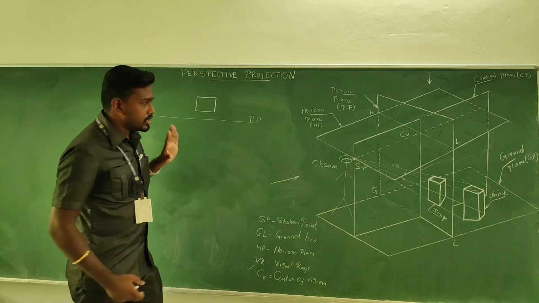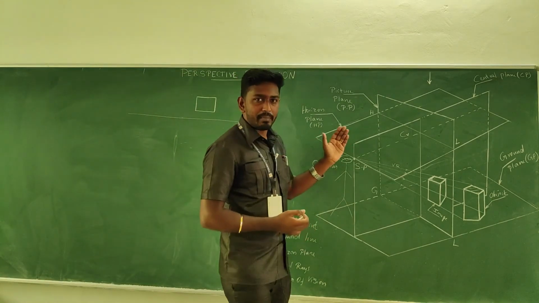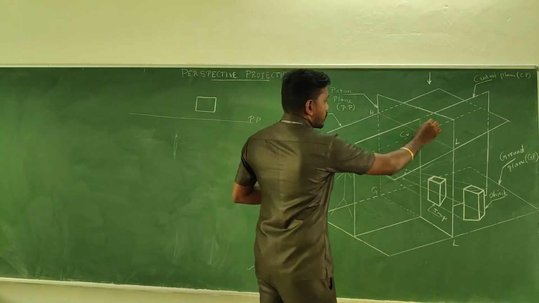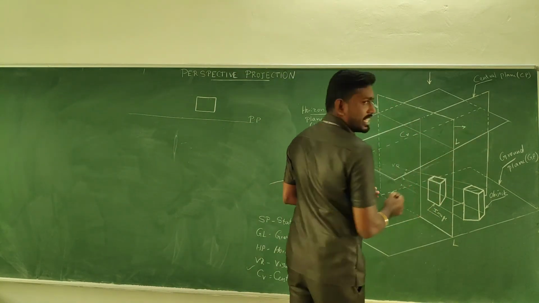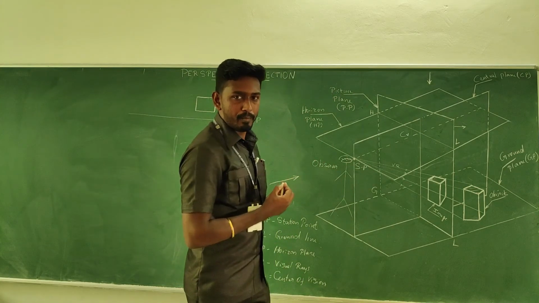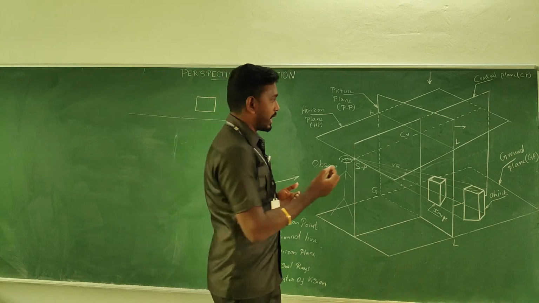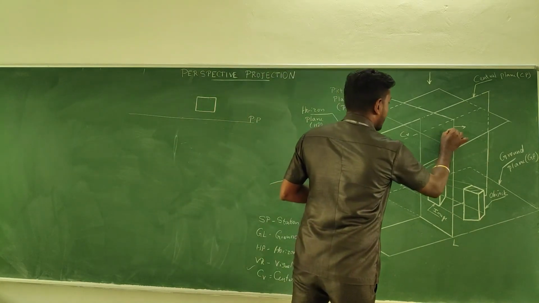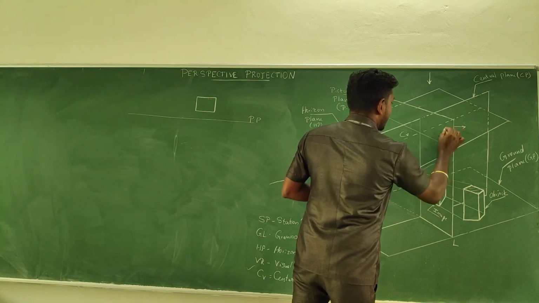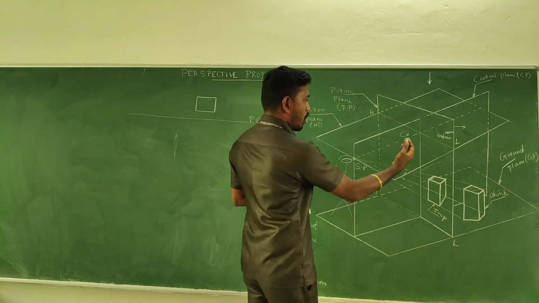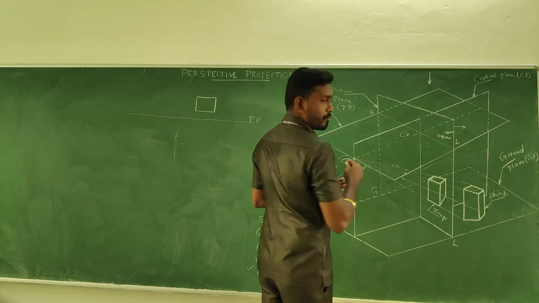Just see, when you are representing the position of the object, we can say the object is being kept in front of the picture plane or behind the picture plane. As far as this is concerned, this direction is in front of PP.